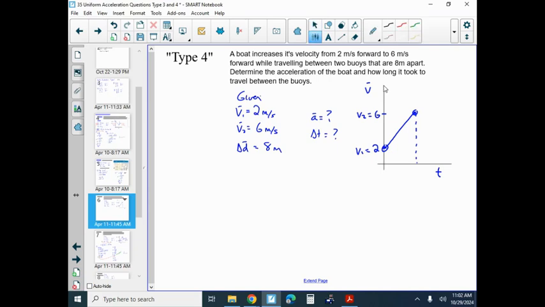We could also point out that the displacement, delta D, equals 8 meters. And I like the idea of labeling it on there like that, or you could even go as far as saying like the area, just to help guide your knowledge and whatnot, right?